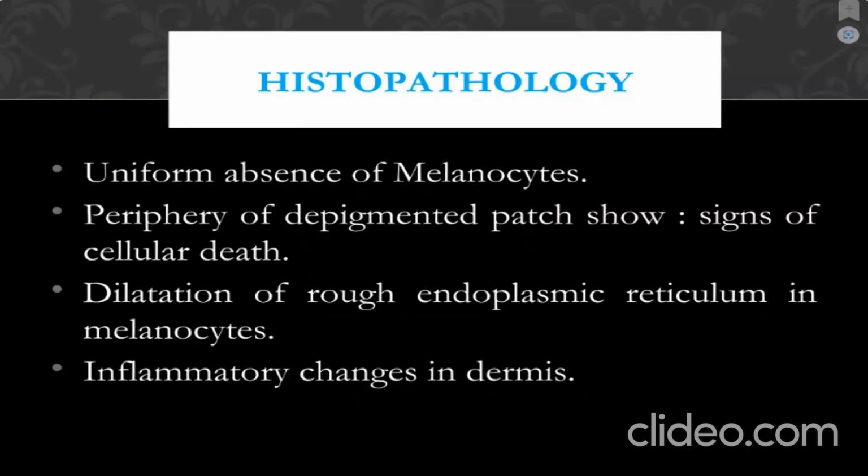The periphery of depigmented patches shows signs of cellular death, dilatation of rough endoplasmic reticulum in melanocytes, and inflammatory changes in dermis. What does histology show? Histopathology shows uniform absence of melanocytes. The periphery of the depigmented patch shows signs of cellular death, dilatation of rough endoplasmic reticulum in melanocytes, and inflammatory changes in dermis.